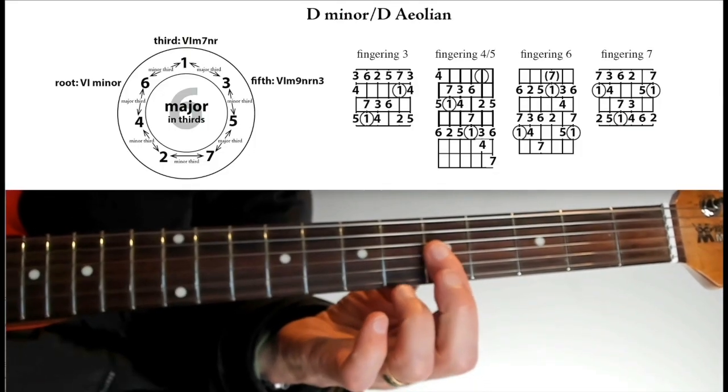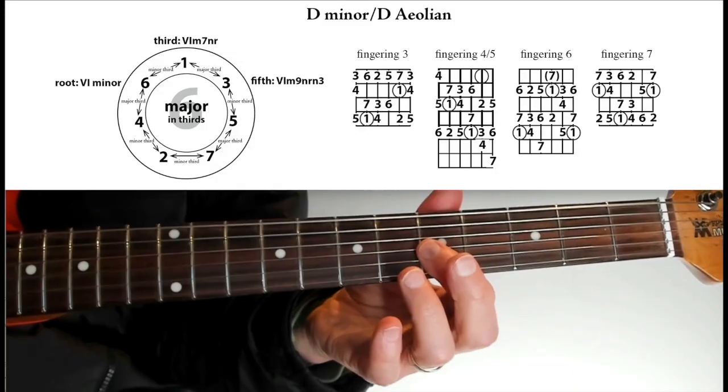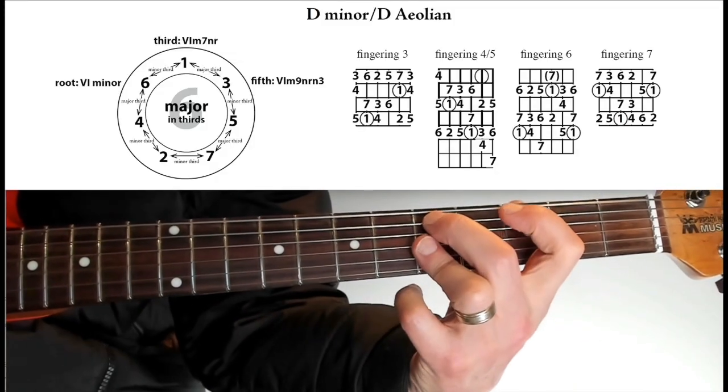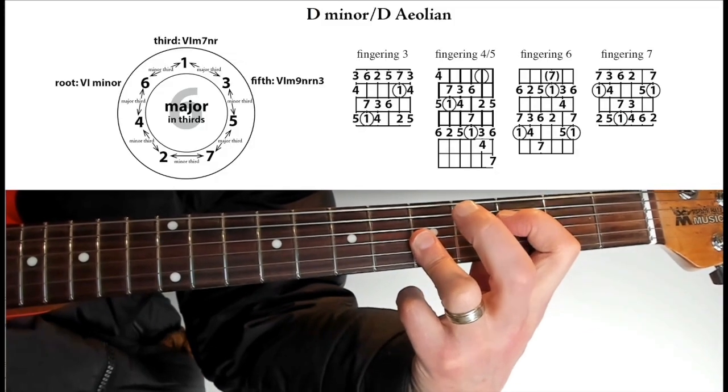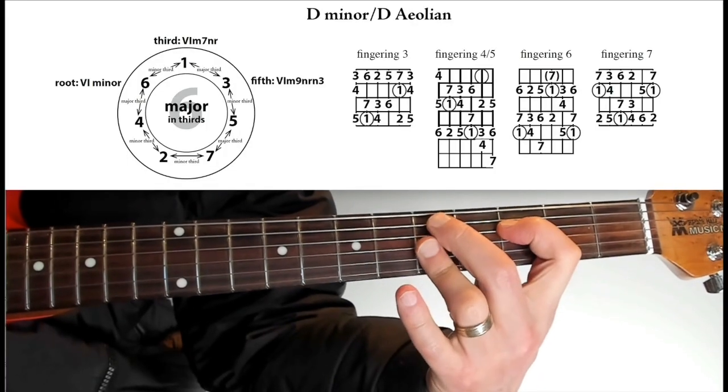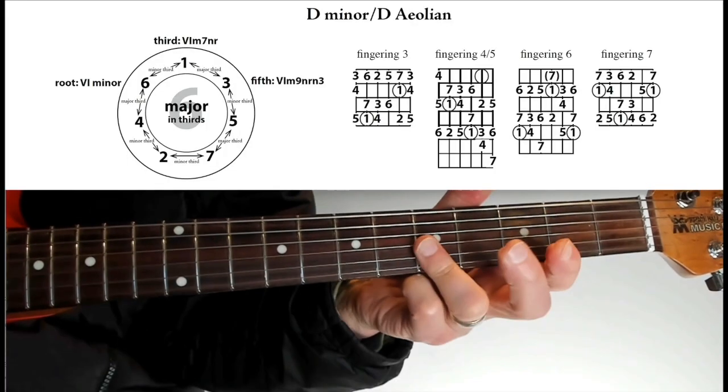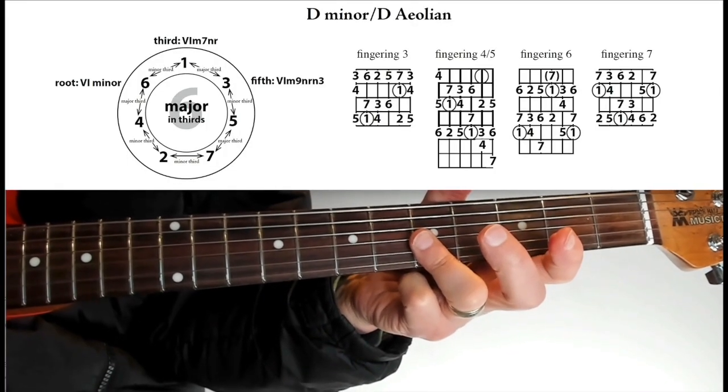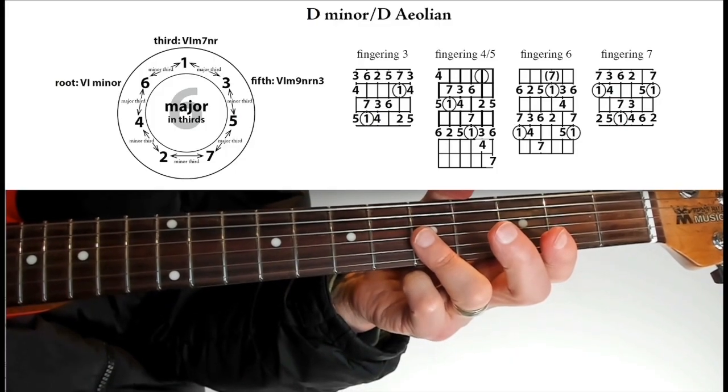Here's the A minor, A, C, E, and the root of D here, the flat third of D here. So there's a complete D minor 9th. And this A minor then is D minor 9th, no root, no third.